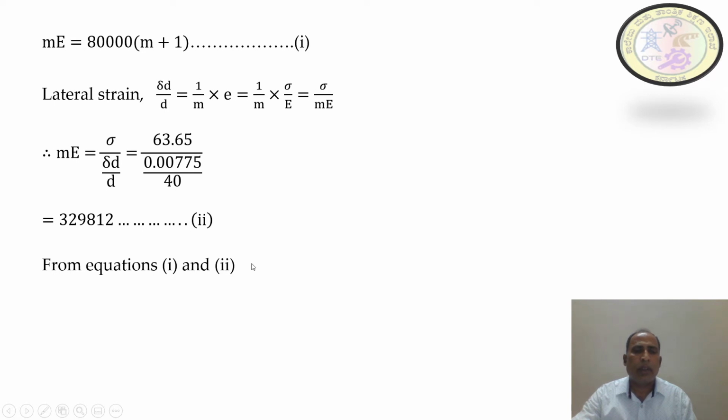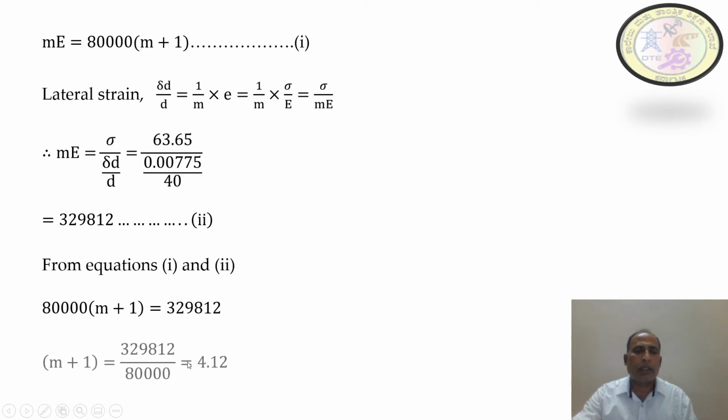Once the left hand sides are the same, the right hand side parameters can be equated. So 80,000 into (m plus 1) is equal to 3,29,812. Therefore, m plus 1 is equal to 3,29,812 by 80,000, that is 4.12.